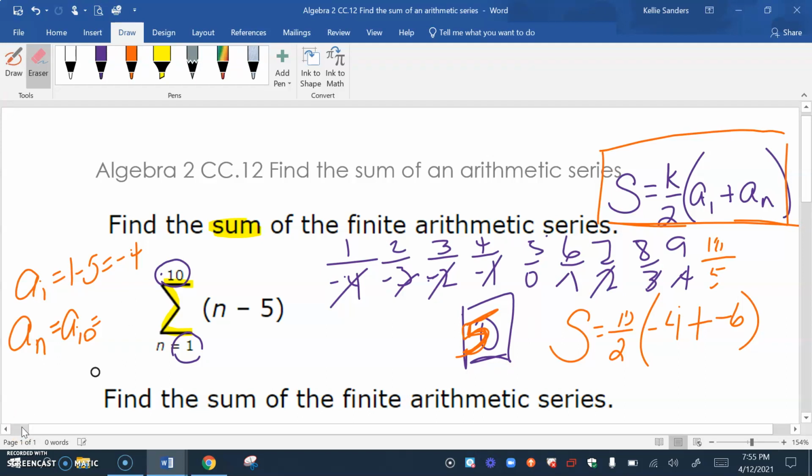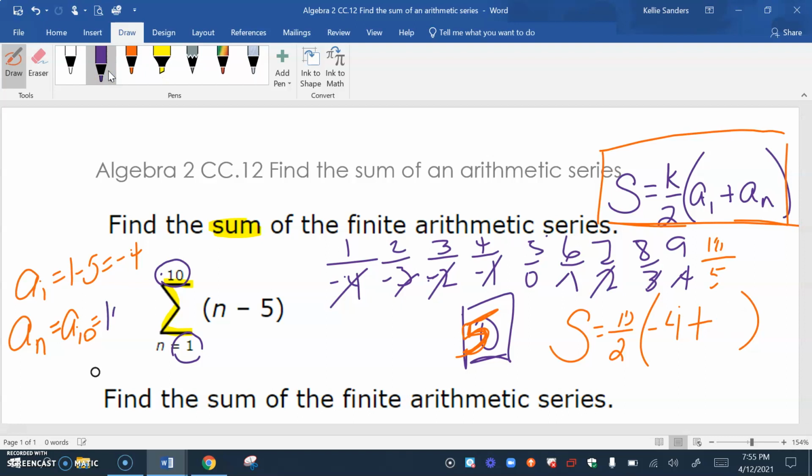This was not -6. This was 10 minus 5, which is 5. So I'll put a 5 there. So 10 over 2 is 5. -4 plus 5 is 1. And 5 times 1 is 5.